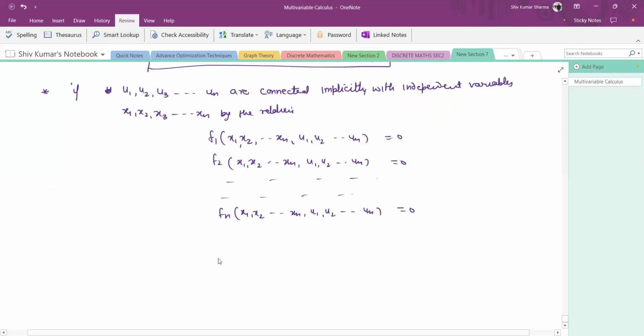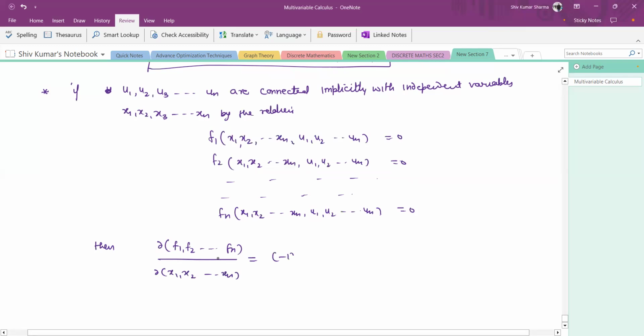So when we make n functions, then we calculate the Jacobian of f1, f2, fn with respect to x1, x2, xn.